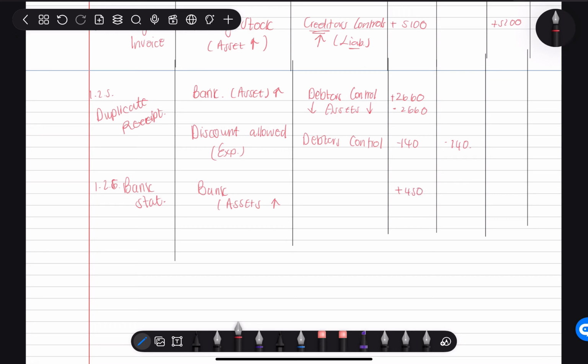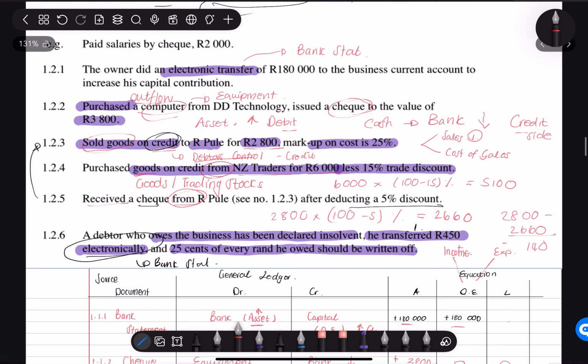And then what else? Debtors control. He was a debtor, so we know he bought on credit. Debtors are reflected in which account? Debtors control.